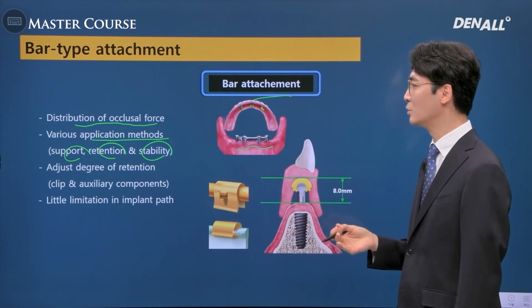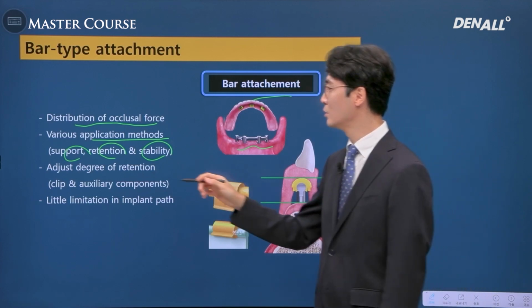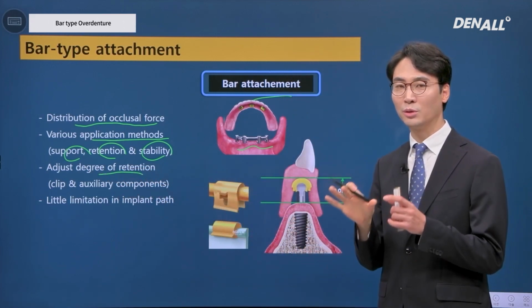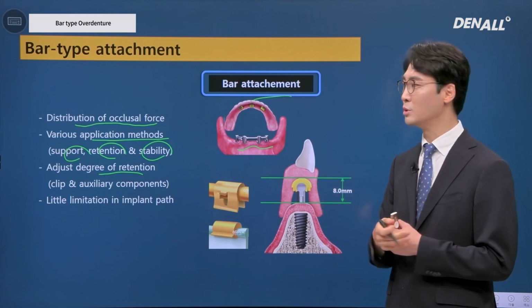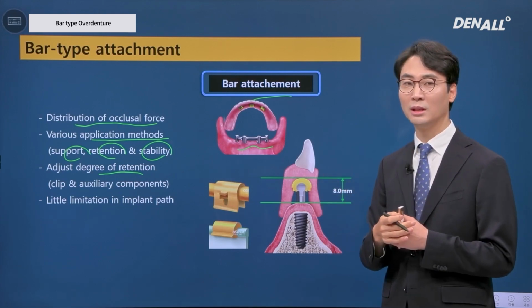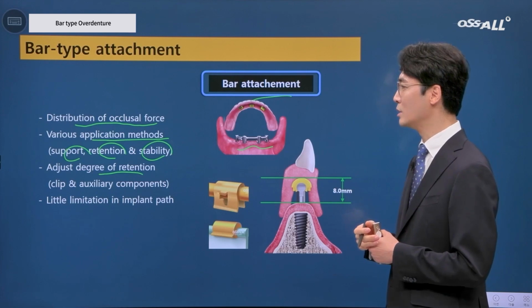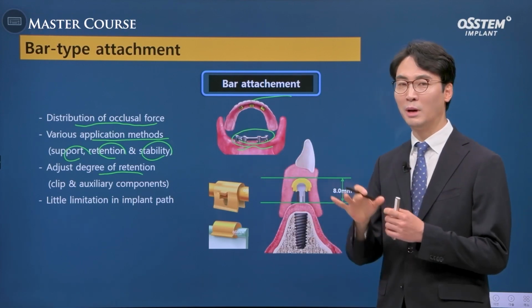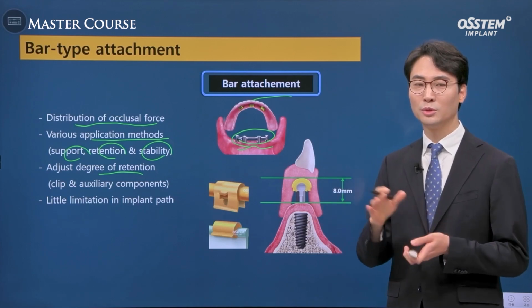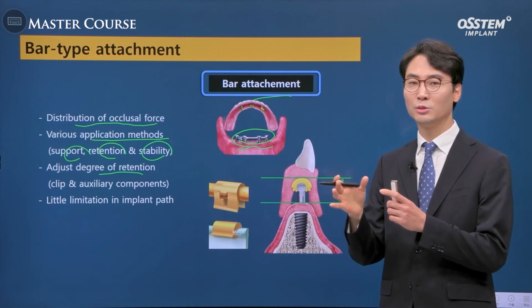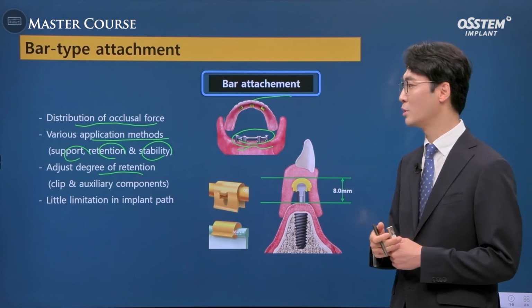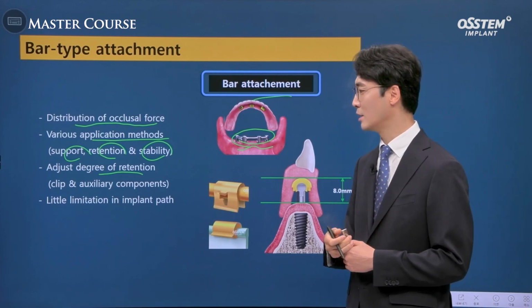It can be applied in different ways, and depending on the number of clips, the level of retention can be adjusted. You can make it stronger or less strong. On the bar, we can add magnet or other auxiliary attachments to increase retention. These can be applied, and this is a plus.